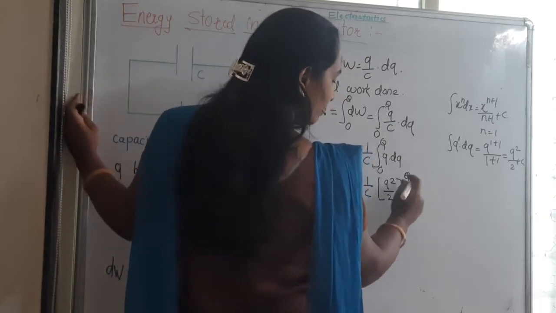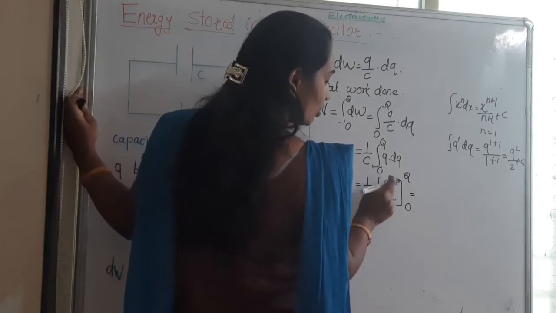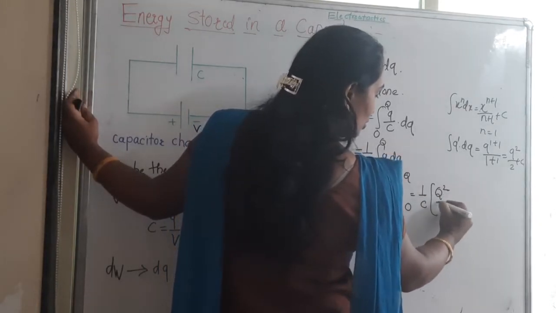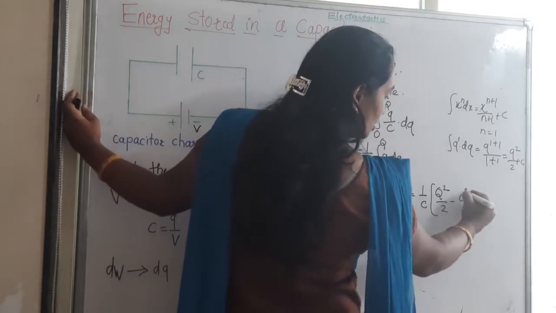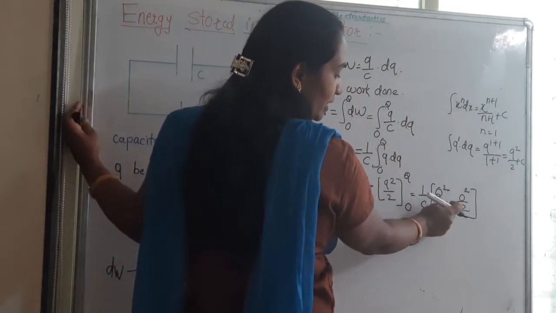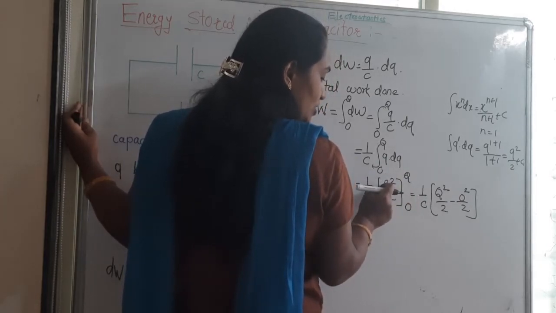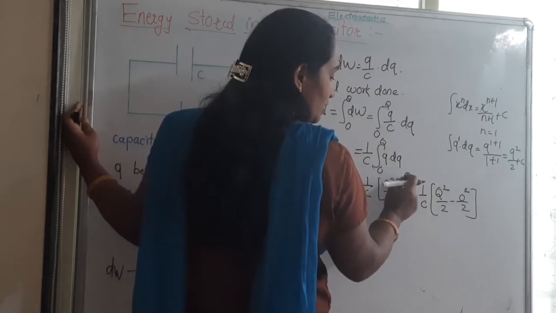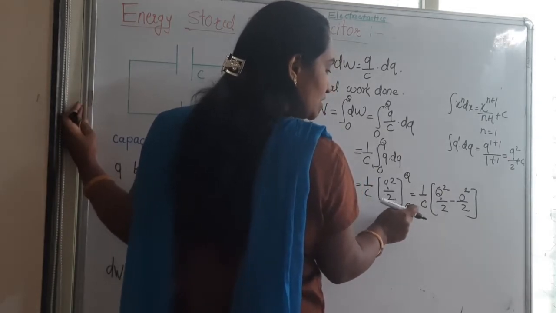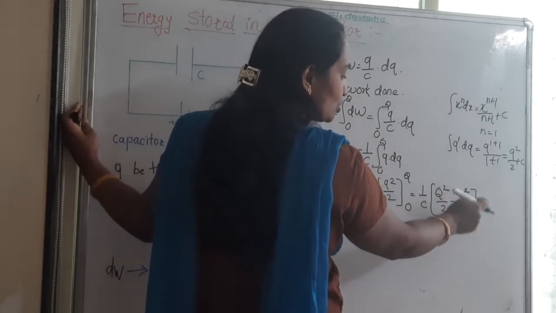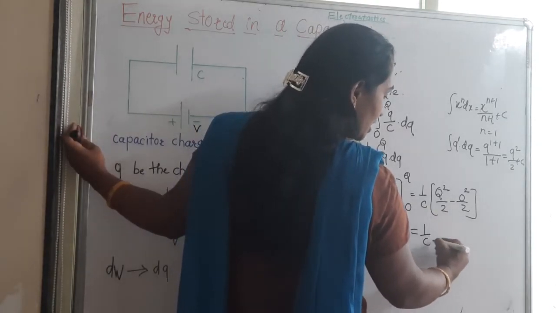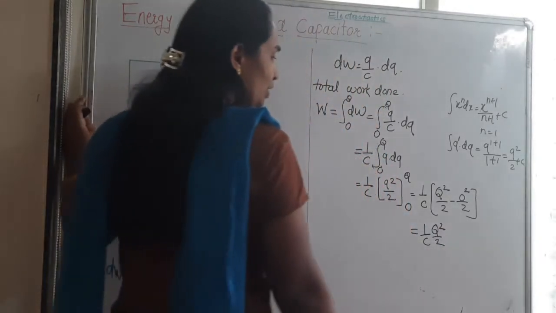Substituting the upper and lower limits in place of the charge Q, we have 1 upon C, Q square upon 2, with a minus sign between the two limits, minus 0 square upon 2. The 0 square term vanishes, so the equation is 1 upon C times Q square upon 2.